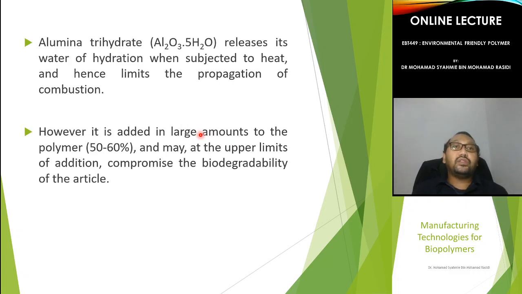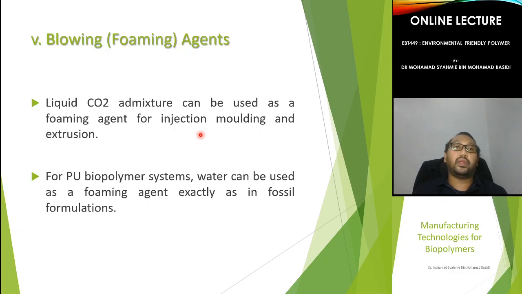Alumina trihydrate releases its water of hydration when subjected to heat and hence limits the propagation of combustion. However, it is added in a large amount to the polymer, maybe around 50 to 60%, and at the upper limits of addition may compromise the biodegradability of the particles. So when you use flame retardant up to 60%, you may compromise the biodegradability.